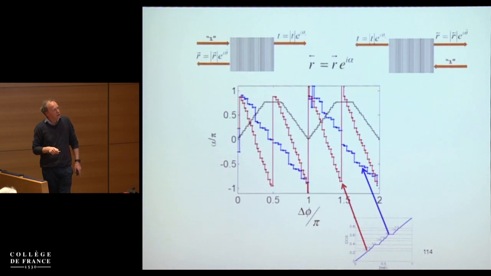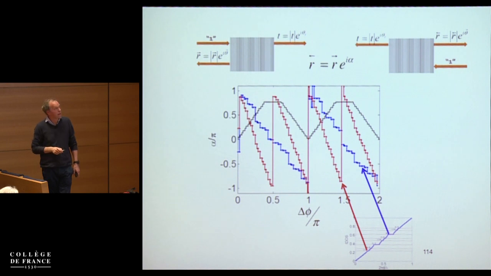Now, this is what I showed you previously, that this chiral angle alpha depends on delta phi, and now you see that, in fact, the way that it goes through the gap depends on which gap we are in. So it depends on the Chern numbers.